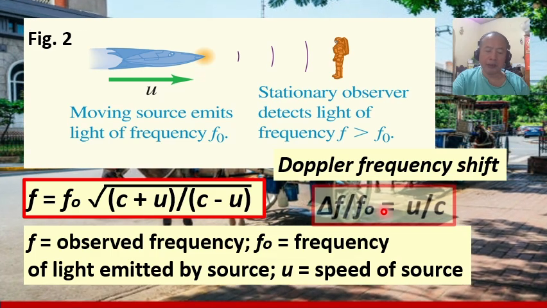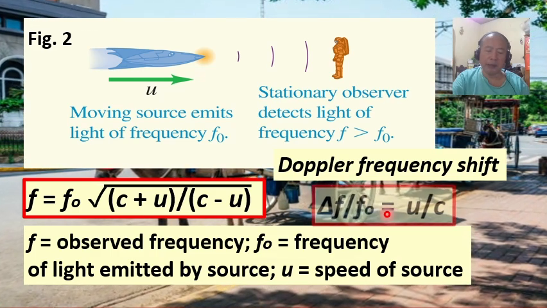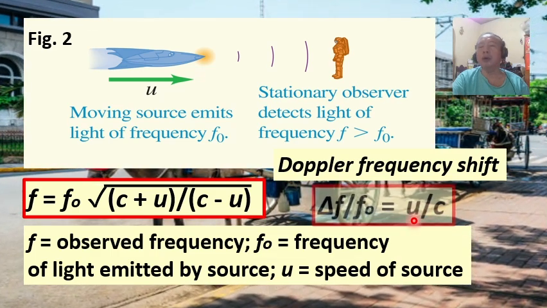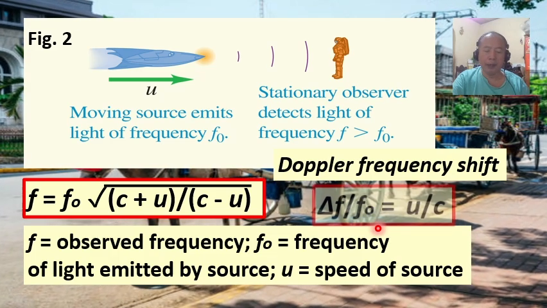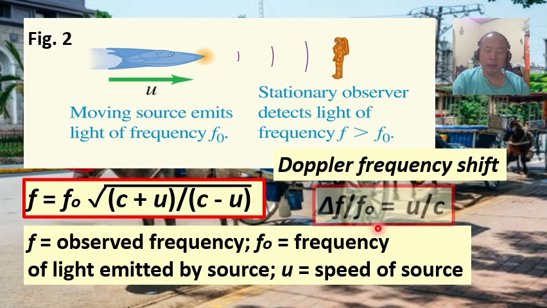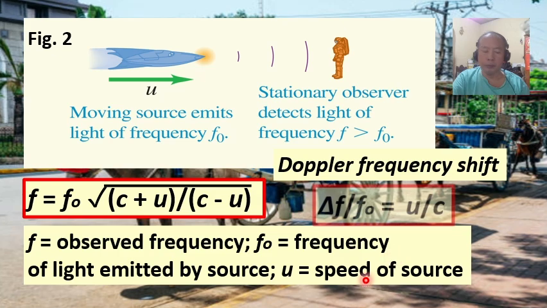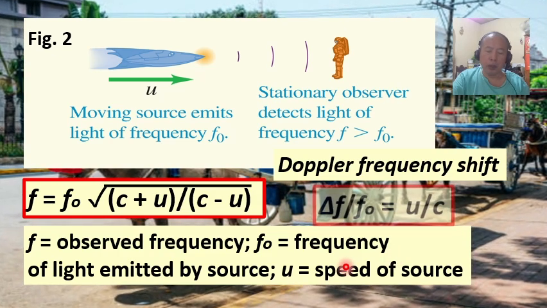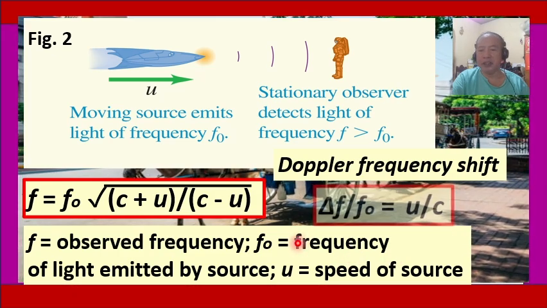The fractional frequency shift, delta f over f naught, is also small and approximately equal to u over c.